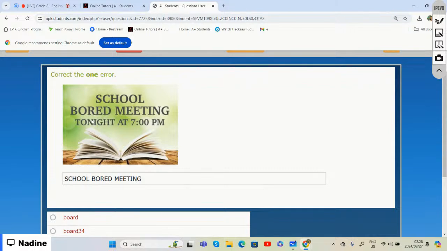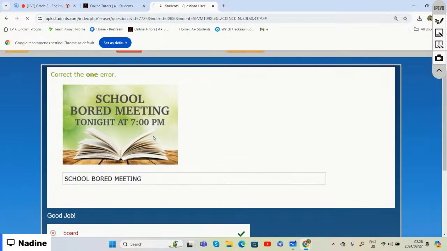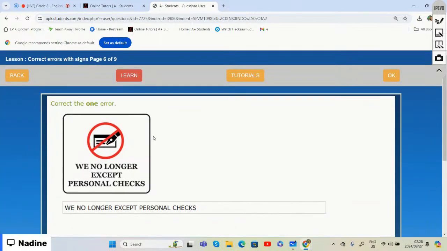But if we talk about the school board meeting, then we need to use the word BOARD. Yes, the spelling is the same, and the pronunciation is the same, but the meanings are different.